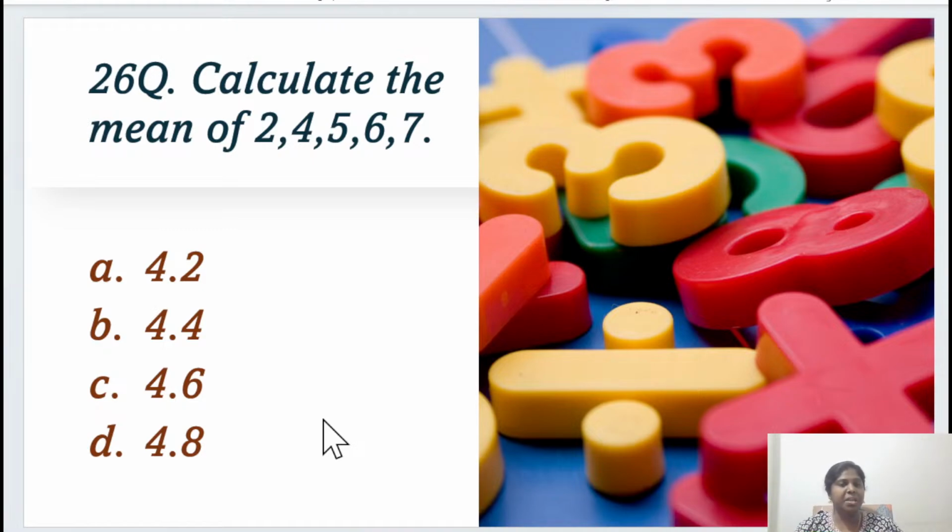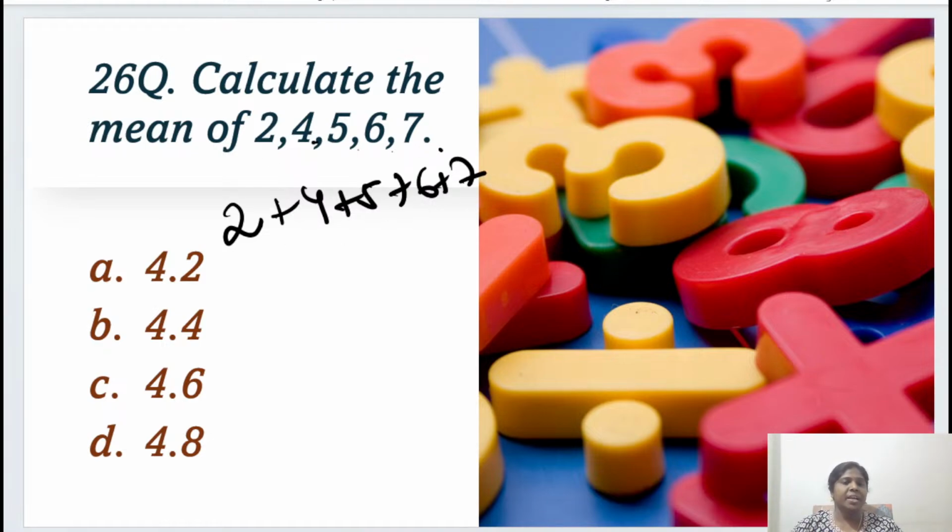See, here how many digits are given? 2 plus 4 plus 5 plus 6 plus 7. Here 1, 2, 3, 4, 5. First add all these numbers. How much are you going to get after adding all these numbers?